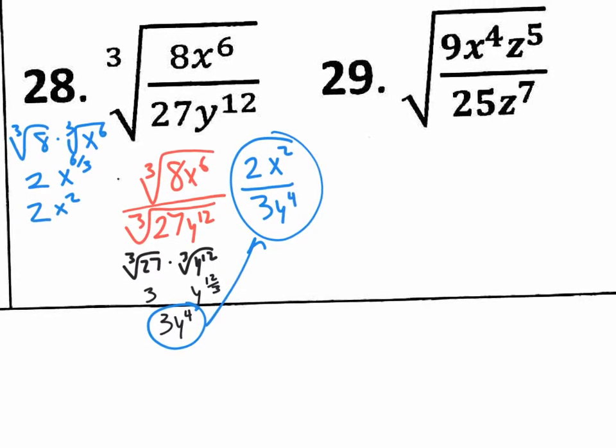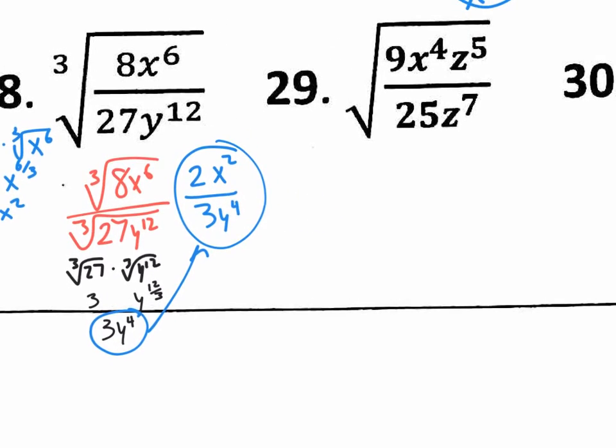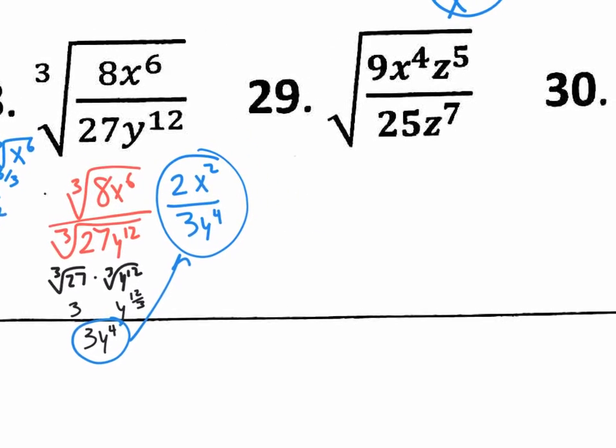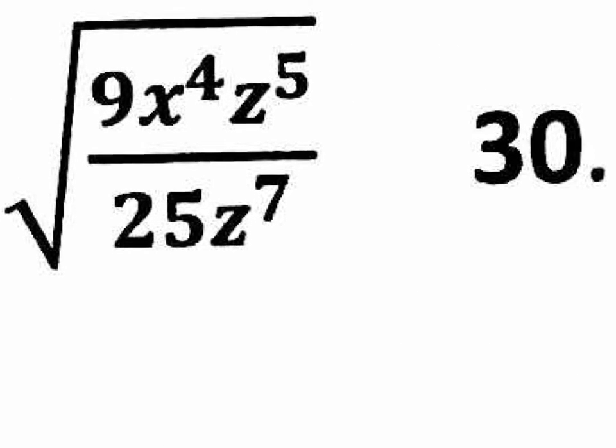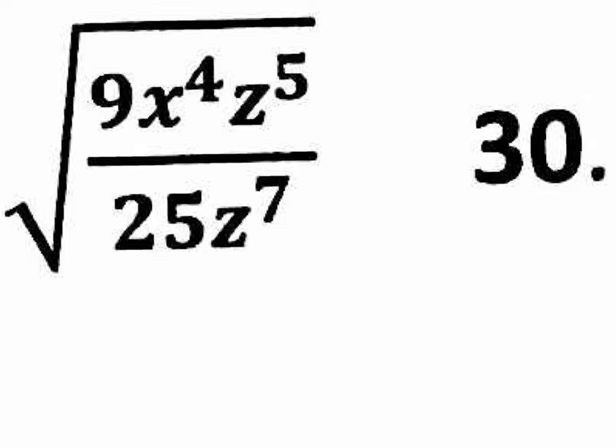Now, number 29 is particularly interesting because you cannot have a square root in the denominator. So let's check it out. Again, we're going to split the square root to be on the numerator and the denominator. Square root of 9, x to the 4th, z to the 5th.